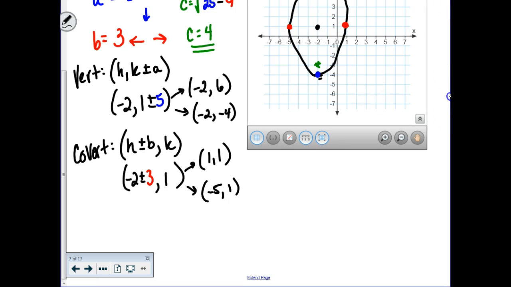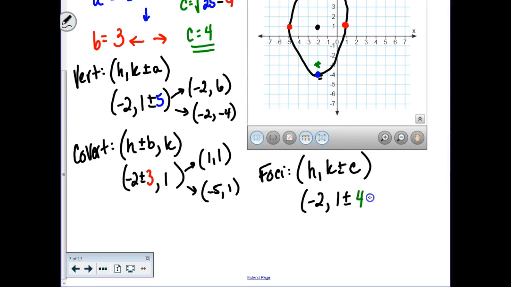Those green foci that I kind of started in can be found by using a formula that looks a whole lot like the vertices formula, because they're still on the major axis, but instead of going all the way to a units up and down, they're only going c units up and down. So for foci on a vertical ellipse, you have (h, k plus and minus c). For us, that would be -2 and then 1 plus and minus, remember, a long time ago, we found c was 4.